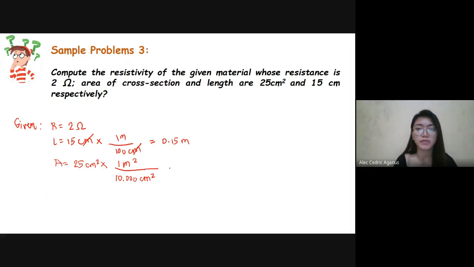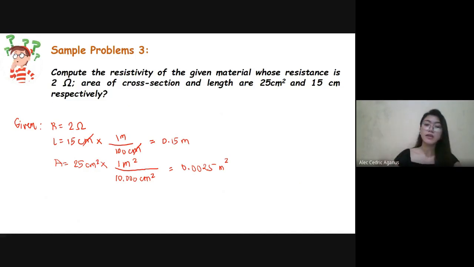So 25 divided by 10,000 is 0.0025 squared meter. Let's just check, 25 divided by 10,000. Yes, it's 0.0025 or 2.5 times 10 raised to negative 3.